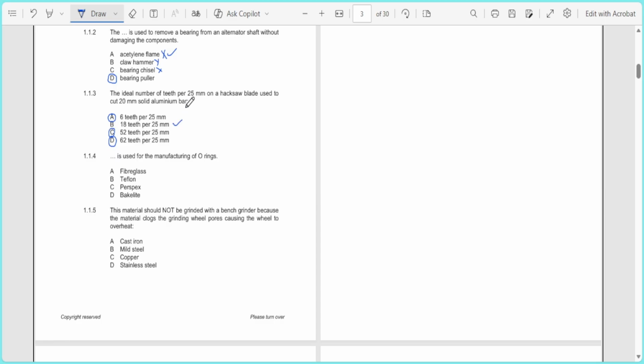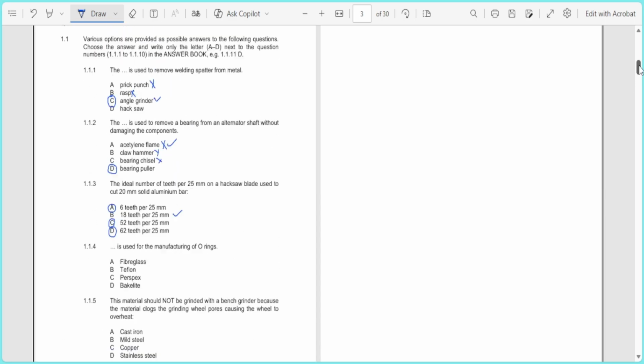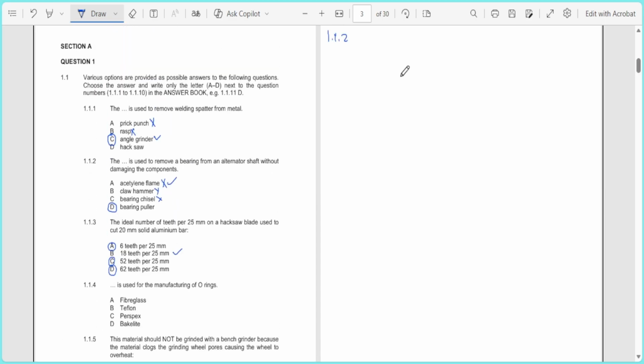This is somewhat ideal. Now, for A, the 6 teeth per 25 millimeters, this is too coarse and would cause the hacksaw to snag and tear the soft aluminum material. Now, what about C? I'm just trying to provide a reason as to why A, C, and D cannot work in this case.